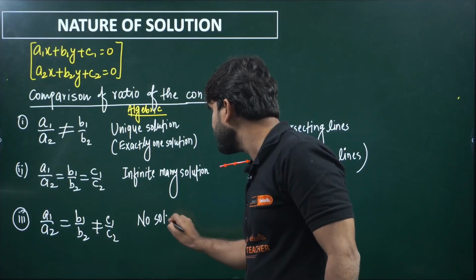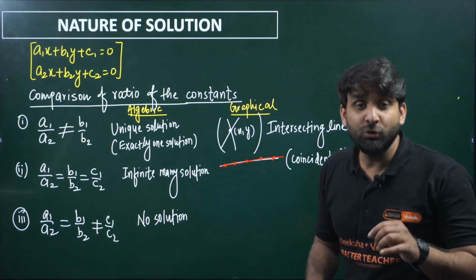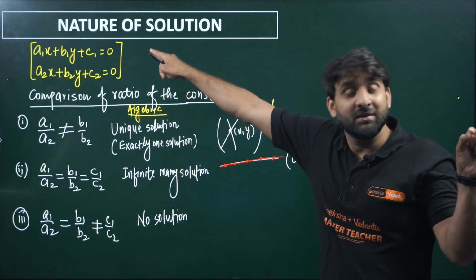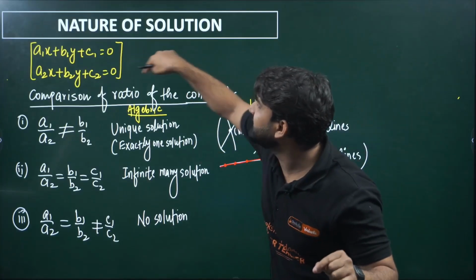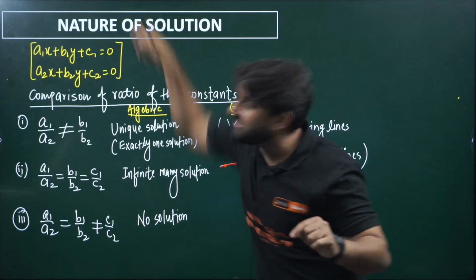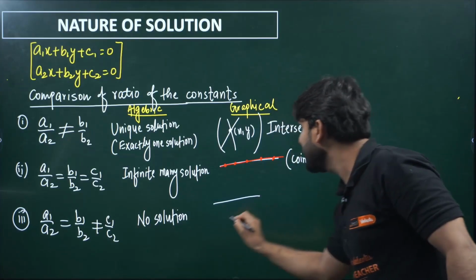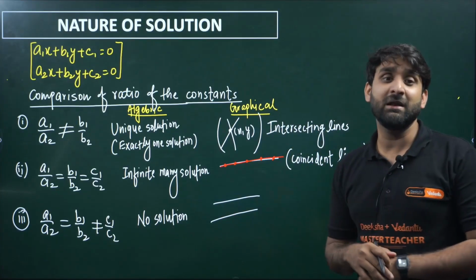When no solution is possible, a point on the straight line of the first equation will not satisfy the second equation, or a point on the second line will not satisfy the first. So it implies that both lines will be parallel to each other.